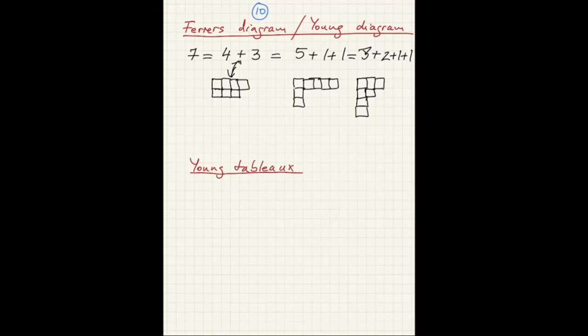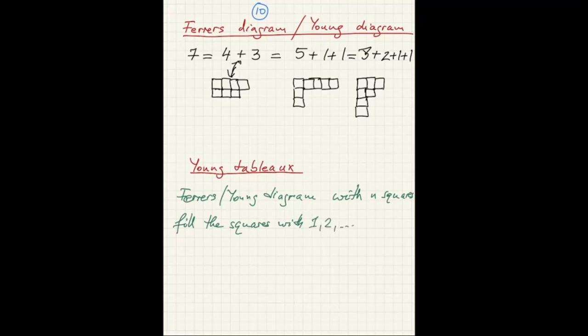So in a Young tableau, what we're going to do is take a Ferrers diagram or Young diagram with n squares, and we fill the squares with the numbers 1, 2, all the way up to n.